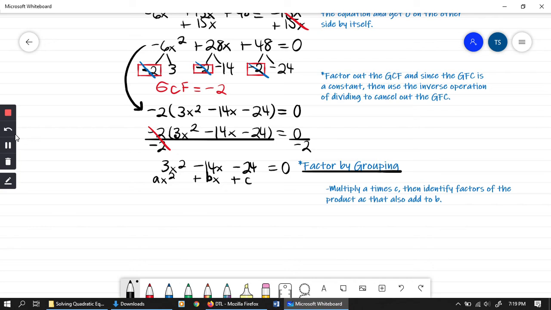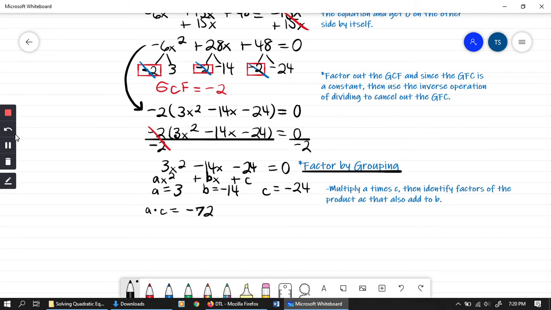But this expression on the left side of the equation is in standard form, and we can identify a as 3, b is negative 14, and c is negative 24. And so what we want to do is multiply a times c. So a times c is negative 72.